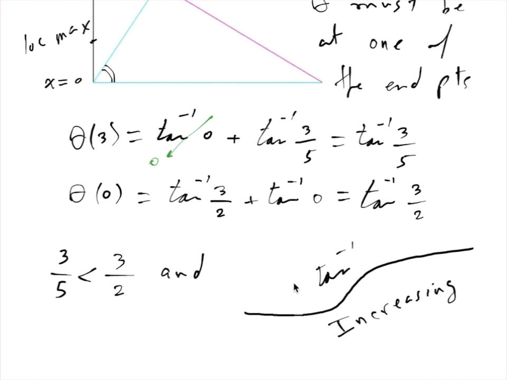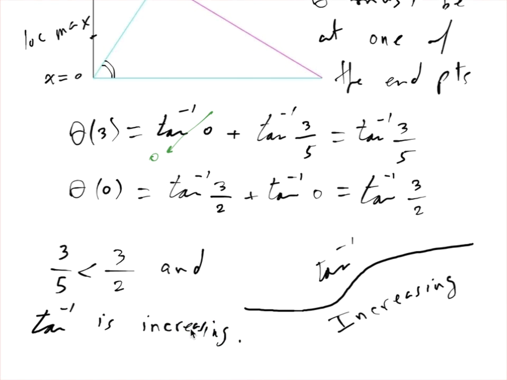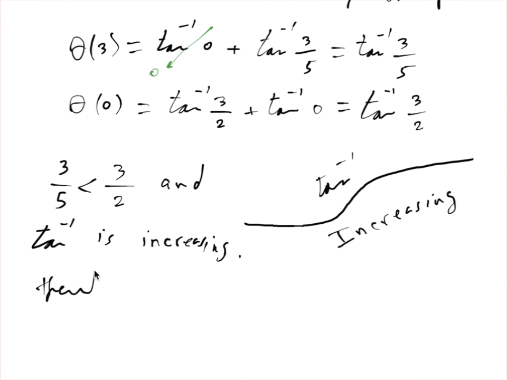And tangent inverse is increasing in each of the intervals where it is defined. Tangent inverse is increasing. Therefore, tangent inverse of 3/5 is less than tangent inverse of 3/2.